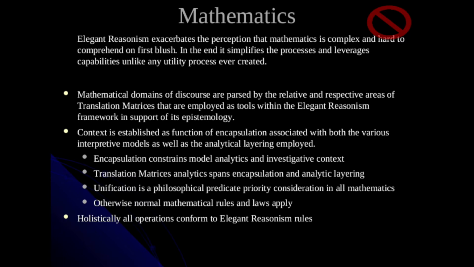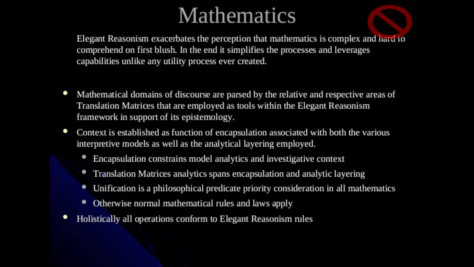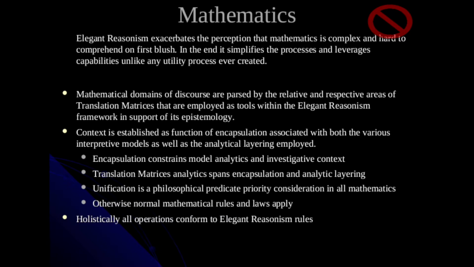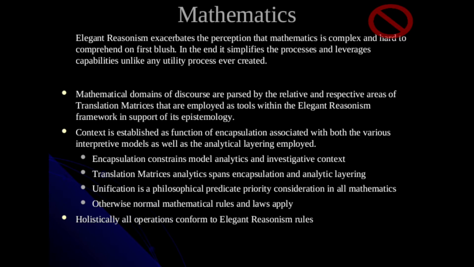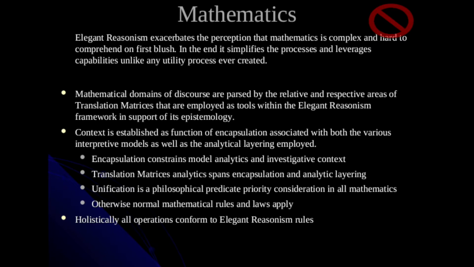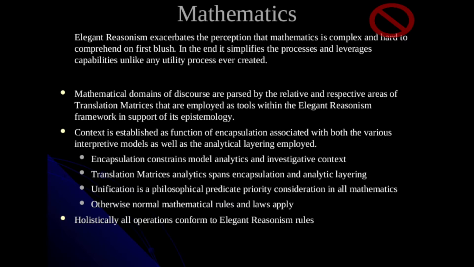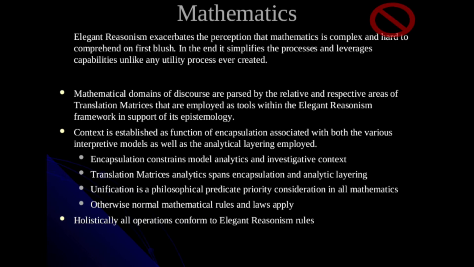Context. When we think about mathematics, we are so used to thinking about it in the context of what we've come to know as the predominant thinking in the physical sciences. We call that M1 in elegant reasonism, and each encapsulated interpretive model, M1, M2, M3, whatever, establishes its own context.